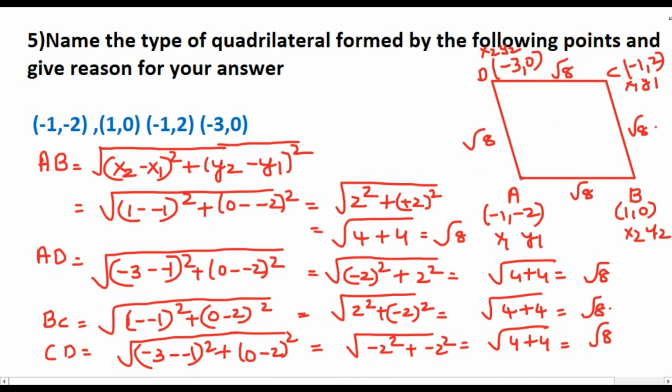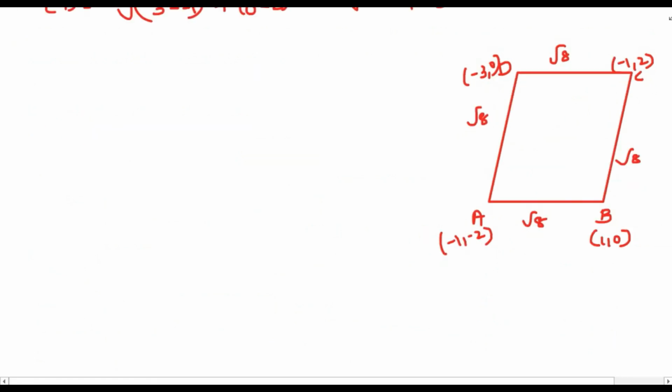We need to find out the length AC as well as the length BD. Now that we know all four sides are equal, we will find out AC. This is x1, y1, and this we will take as x2, y2.